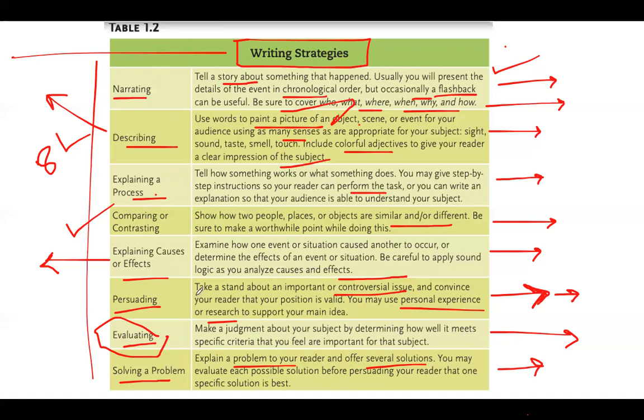So I talked about them in a little bit of detail, not much, because we may talk about these strategies in much more detail when we deal with academic essays. For now, you have to keep these 8 writing strategies in your mind when you are writing something. I hope that you all are clear about these basic terms.